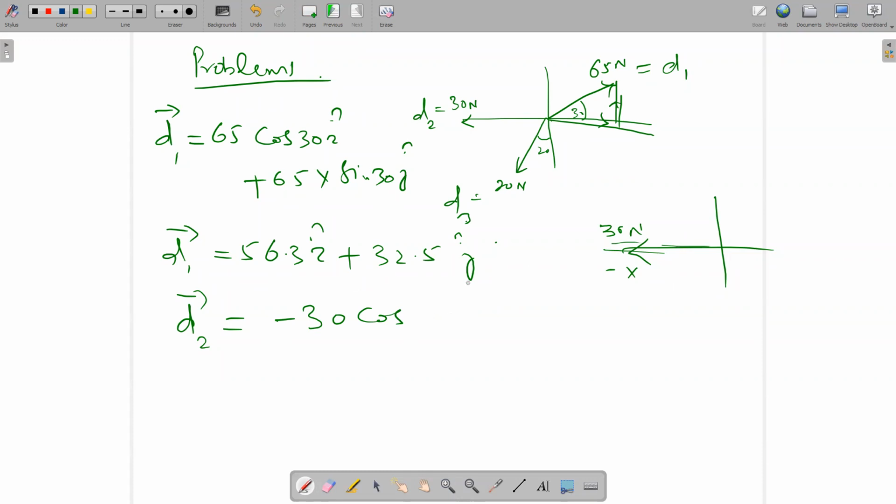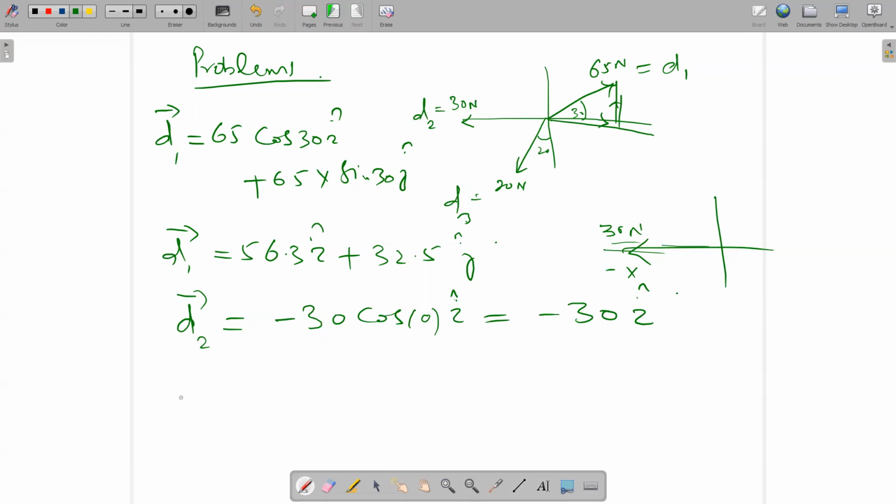Actually the angle is 180 degrees from here. But if you take this side, the angle with the negative x-axis is 0. And this is i. So the answer will be minus 30 i. You can write it like this.